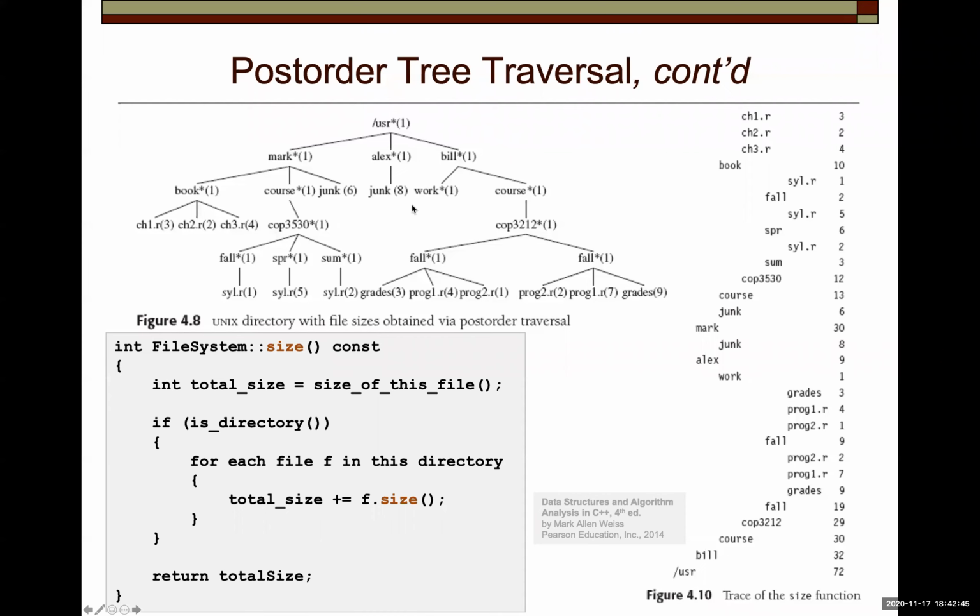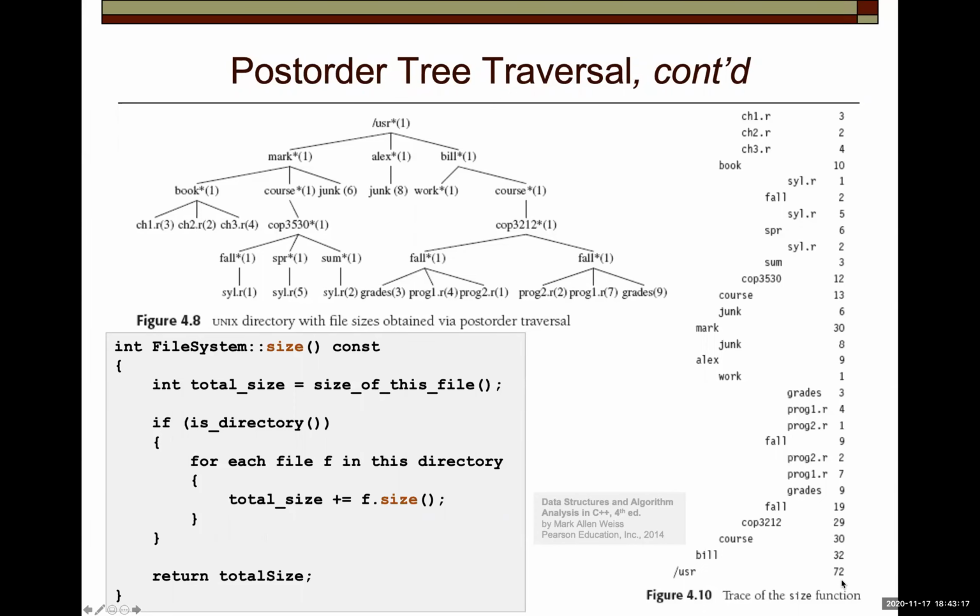Bill, we have to do his first child, which is work, and work is 1. Then we do the second child, which is course. But we have to do his children first, and again you can see that we're adding up the numbers from the bottom, and then the numbers roll up to the top, and finally, when we're completely done, we'll have the total size, which apparently is 72.